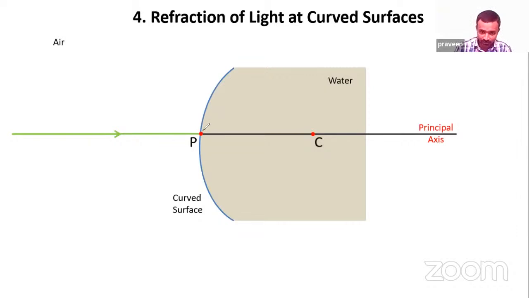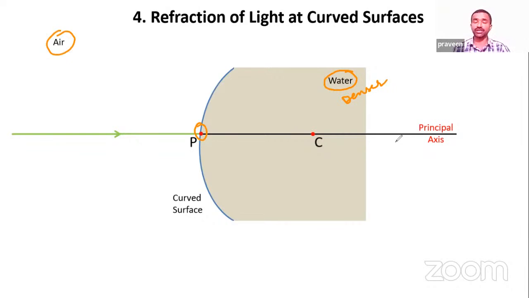Up to this region, it is in the medium called air. After this point P, it is propagating into another medium, the denser medium, here water. What happens to this light ray when it changes its medium at the interface, that is the curvature here?